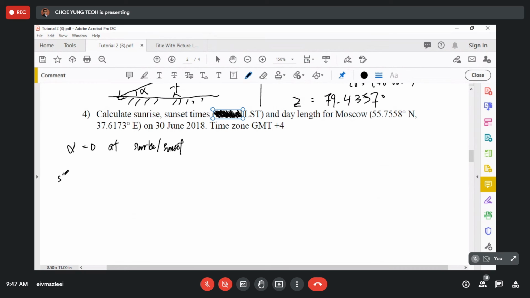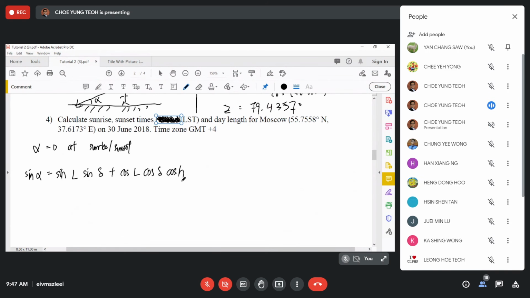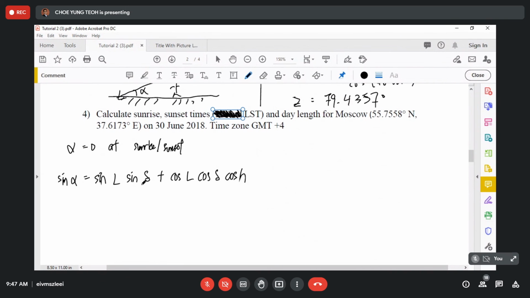So sine alpha. To get the time, supposedly you need to get the value of h. This is the final answer that you find. You need to find h.